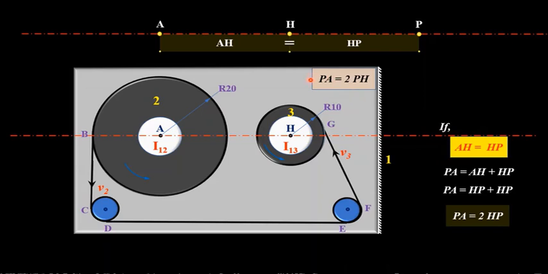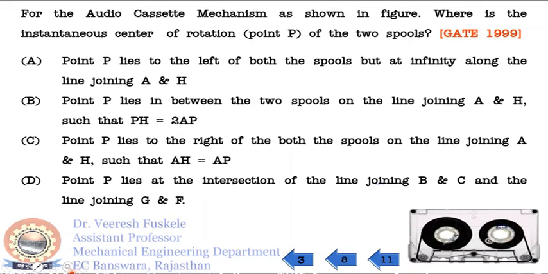If PA is equal to 2pH, then AH is equal to HP also. So this is how we get option C as the correct answer. The point P lies to the right of both the spools on the line joining A and H such that AH is equal to AP. So we are fulfilling both the conditions. It is lying on the right side also, and AH is also equal to AP. So this is how we solve this interesting problem.